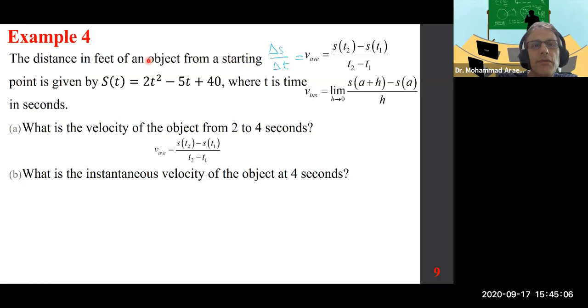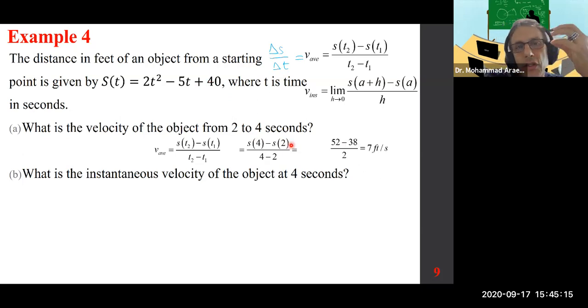So plug in 4 gives you an answer, plug in 2 gives you an answer, and this is a very simple case. What are the units? Units of the numerator, delta S, that means feet, change in distance, over the units of the denominator, delta T, the change in time, that means seconds. So I hope everybody's clear how we arrive at the units.